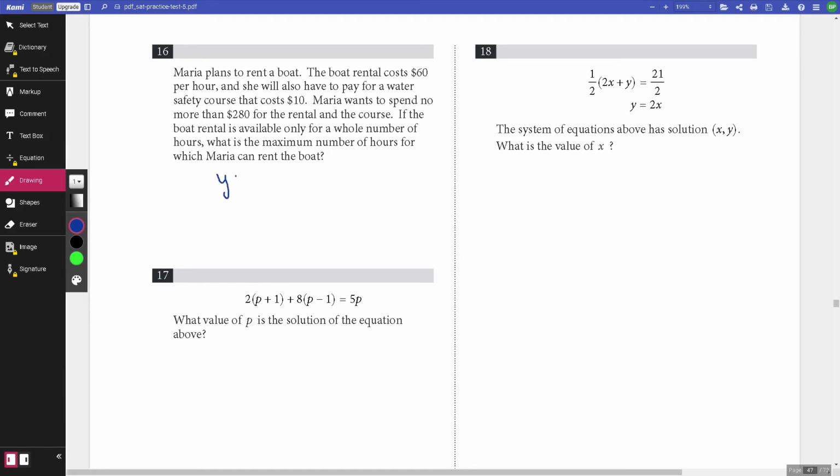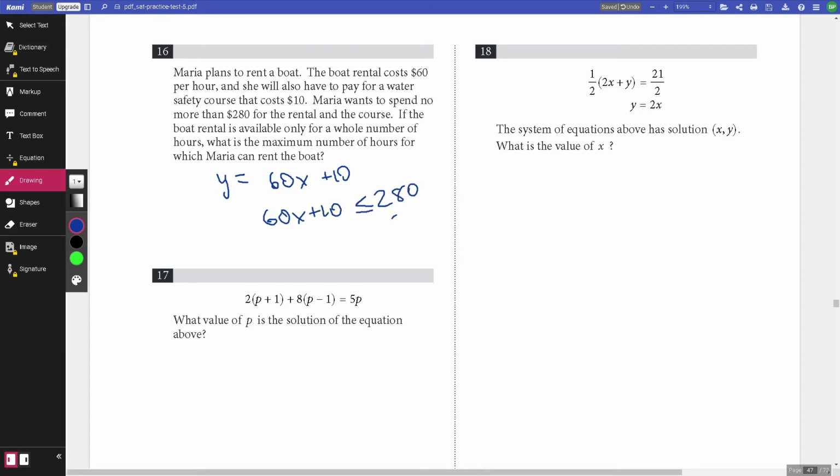So we have y for the total cost equals 60x plus 10. And she wants to spend no more than $280, so we get the inequality, 280.